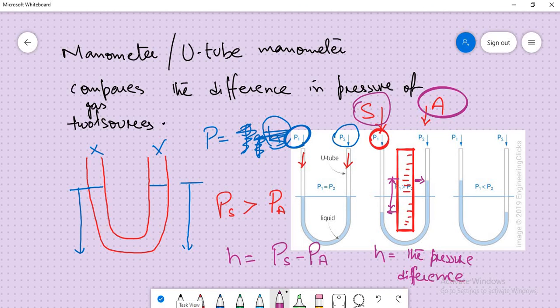This is a very important point. If you understand it, it's really good for you, otherwise I will repeat it.